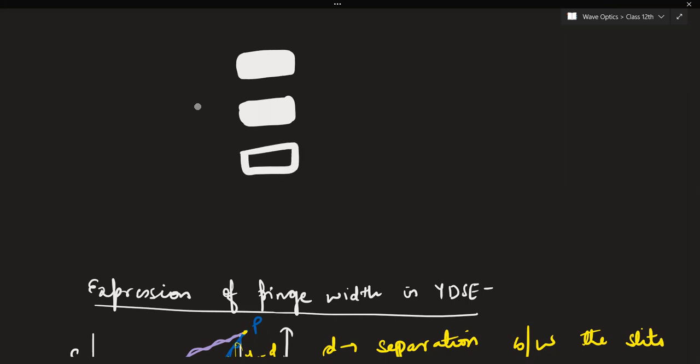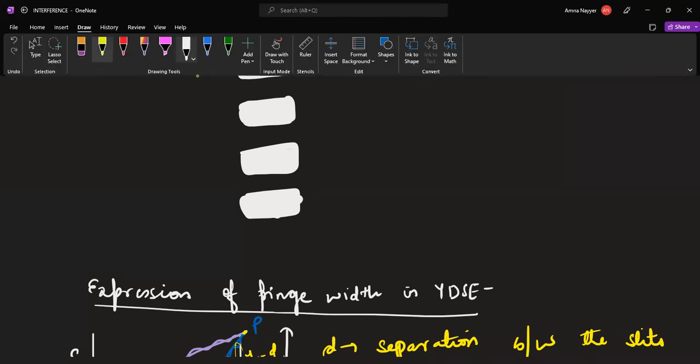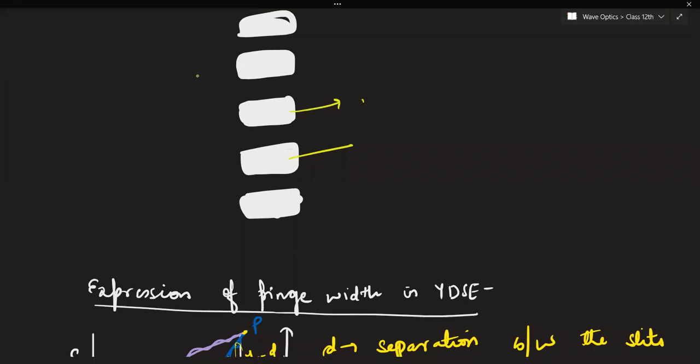Then here you have a bright fringe, then another bright fringe, then a dark fringe. After dark fringes, you have a bright fringe. So this part will be known as the central bright fringe.